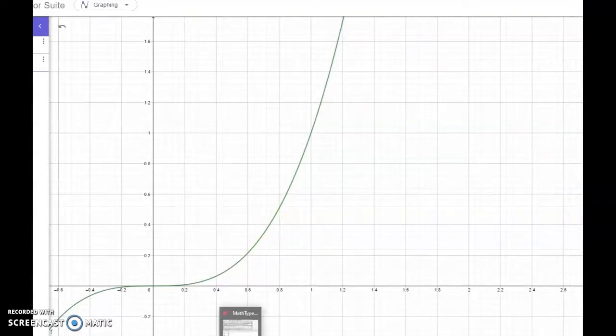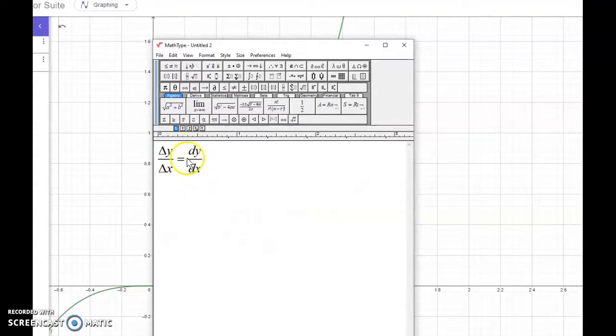So that's why we have the concept of dy dx instead of just the differences of y over differences of x. This concept holds the idea of limitation, where the differences in y and differences in x are actually approaching 0.